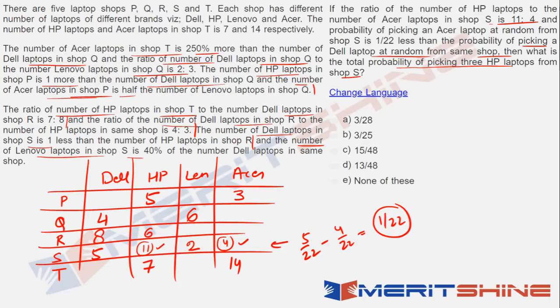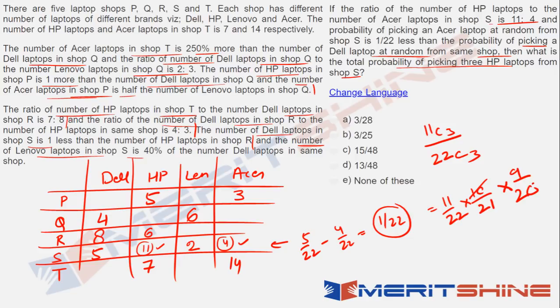3 HP laptops from shop S. You can either do this: HP, how many laptops are there? 11 out of total of 22. So you can just do it like that. 11C3 upon how many? 22C3. Either solve this or you can do this: 11 upon 22 into 10 upon 21 into 9 upon 20.